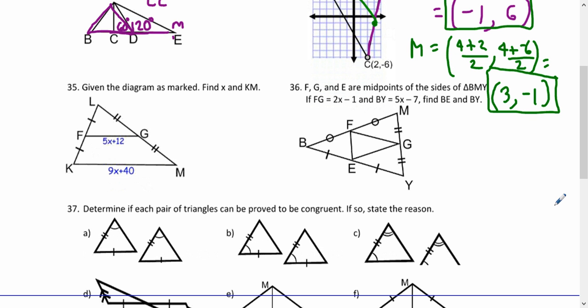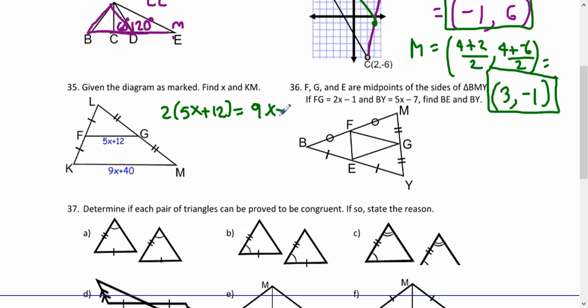Okay, 35. We have some markings that basically tell me that I have a midsegment here because the endpoints are the midpoints of both legs of this big triangle. So 2 times the midsegment is equal to the parallel side.